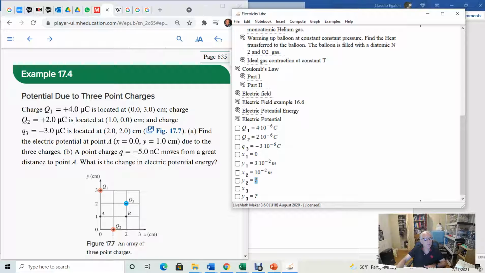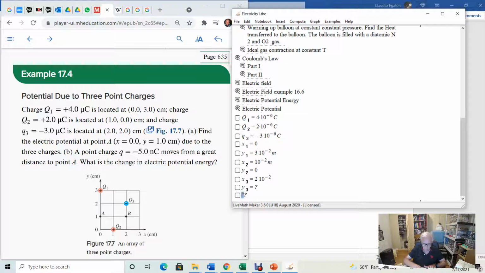Y2 is 0, yeah. x3 is 2 times 10 to minus 2 meters. And y3 is going to be what? 2 times 10 to minus 2 meters. Like that.